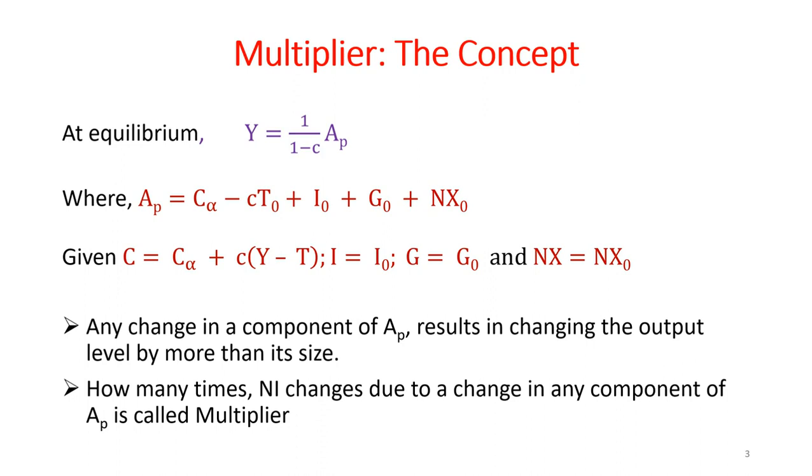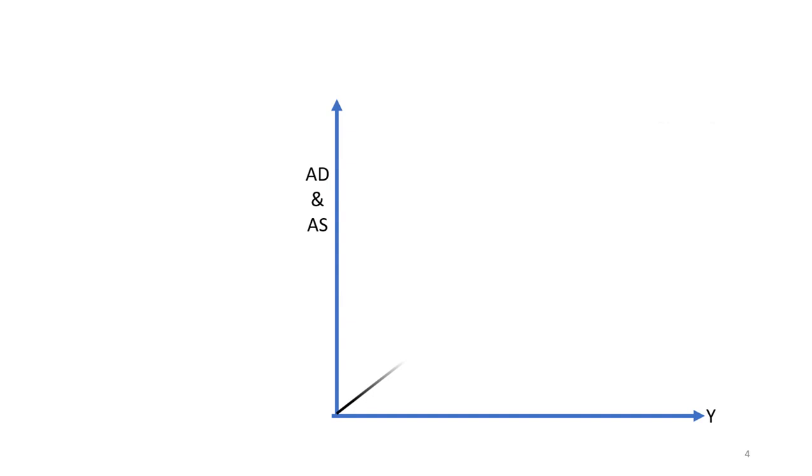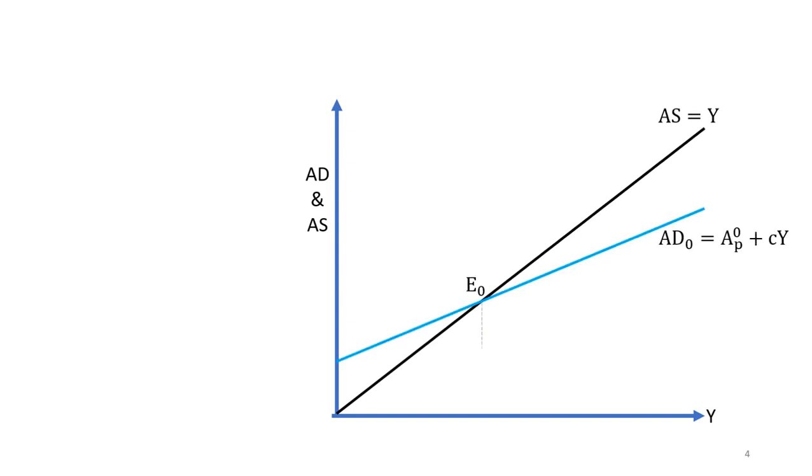We can see that economy is in equilibrium initially at E naught, where aggregate demand, that is AD naught, is equal to given aggregate supply. Let's suppose there is some change in a component of aggregate planned expenditure, which results in shifting aggregate demand to AD1.